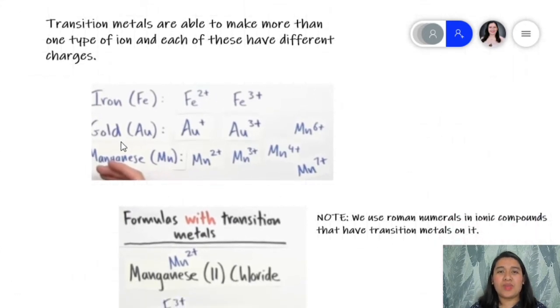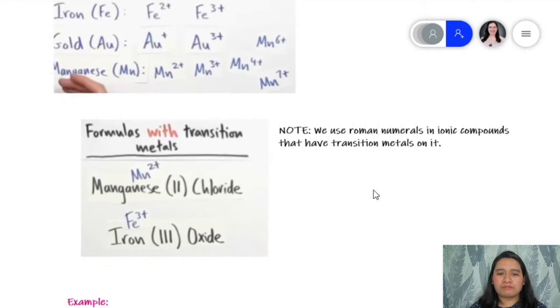Another example, we have gold. Gold can be positive 3, positive 4, and so on. For manganese, same. It can be positive 2, positive 3, positive 4, and so on. Okay. Now, take note, if ever we have a transition metal together with an ionic compound, we need to use Roman numerals.